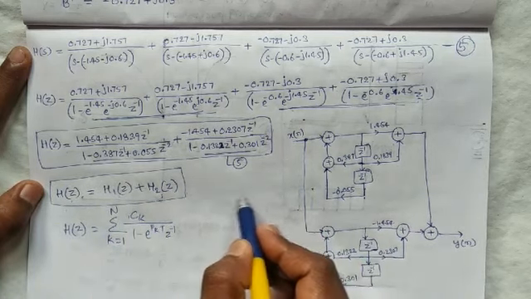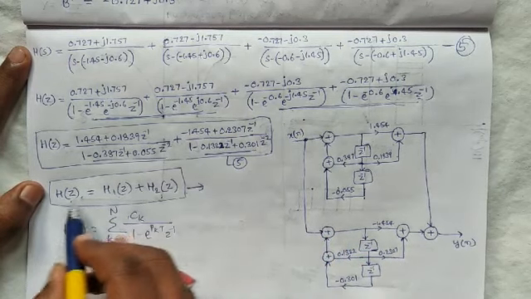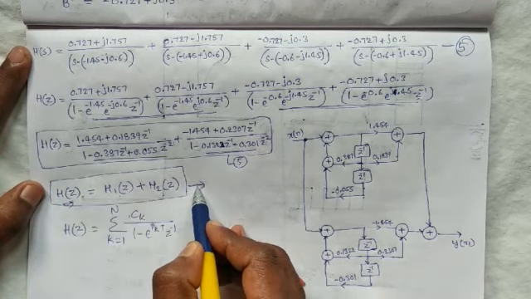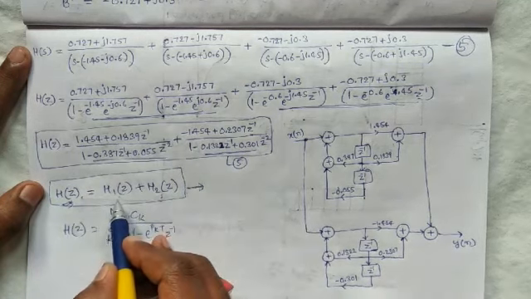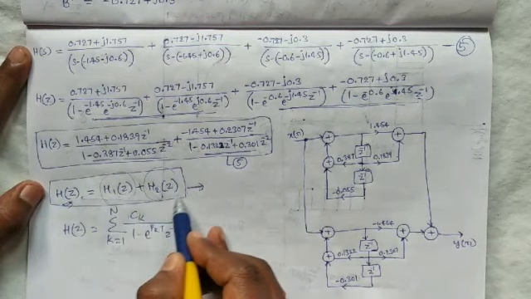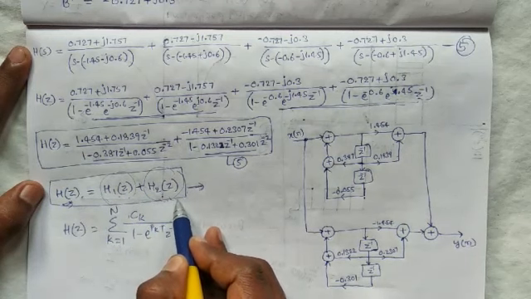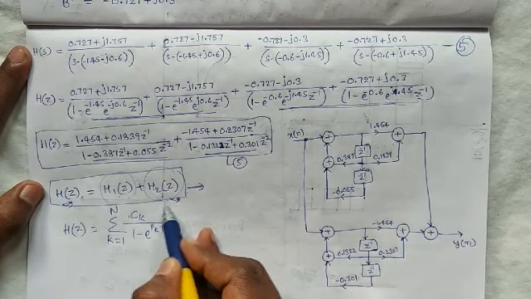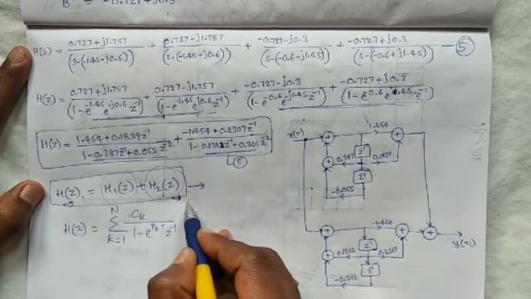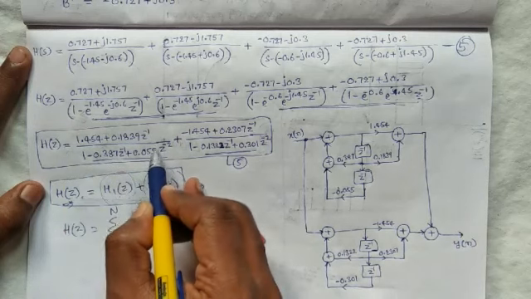We are realizing this H of z by using parallel form realization. Which realization are we using to realize H1 of z and H2 of z? Direct form 2 realization.